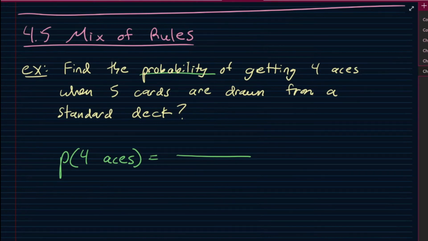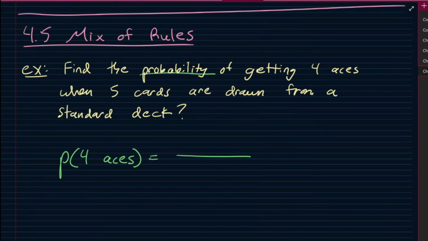We're drawing 5 cards, and the denominator is sometimes easier to find first. First, you ask yourself, are repetitions allowed? Remember, that's our flow chart question. No, you're drawing 5 different cards.